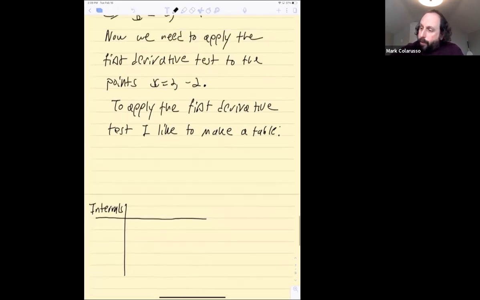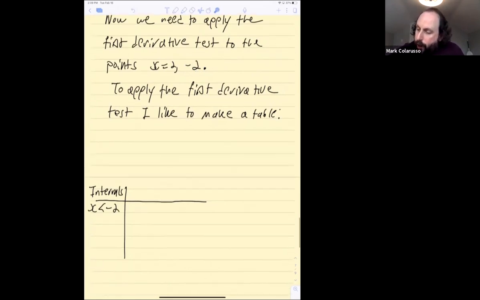So I look at the lowest point where the derivative is 0. We're going to have to check the sign to the left of minus 2. And then we'll have to check the sign of the derivative between minus 2 and 2, so to the right of minus 2 but to the left of 2.